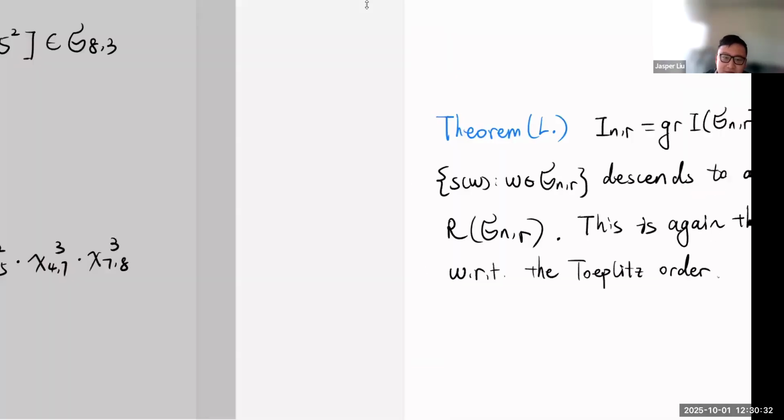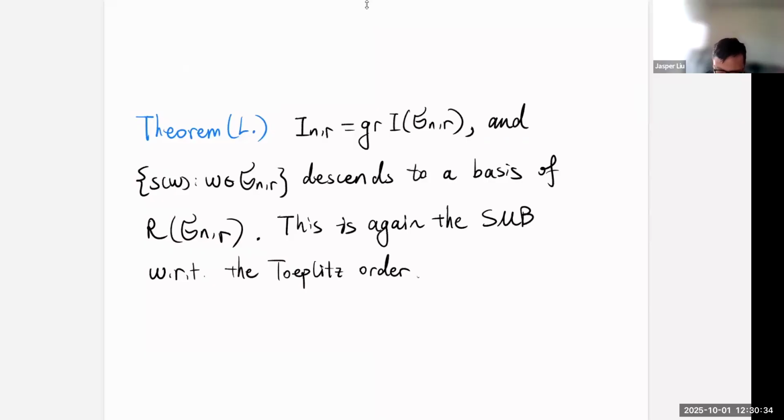Okay. And the theorem is that we have the equality of ideals, and these generalized shadow monomials we just defined become a basis for the orbit harmonics quotient. That is, they become a basis for the polynomial ring quotient by this ideal.